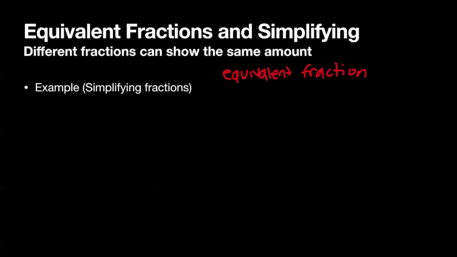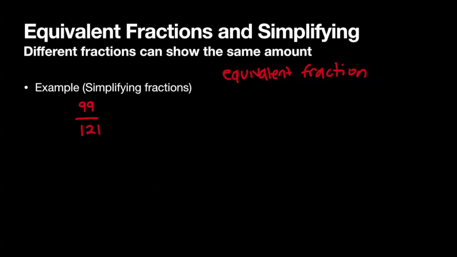So, for example, we can take this fraction. At first, this fraction looks very, very complicated. However, if we can find an equivalent fraction that is simpler, that's what we want to do.